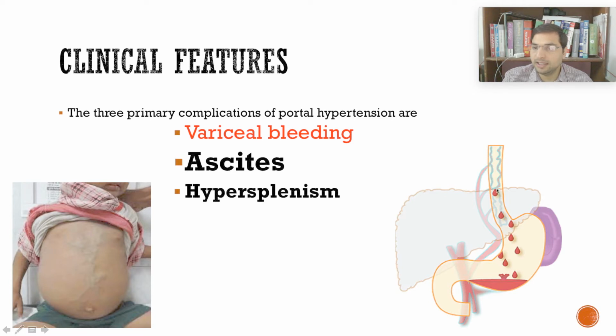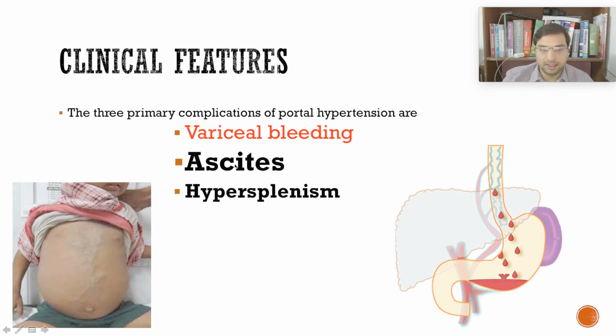Ultimately they can bleed into the esophagus and the stomach, and from the stomach it is vomited out, which is called hematemesis. So variceal bleeding is a very important complication. The person might die because of this complication.